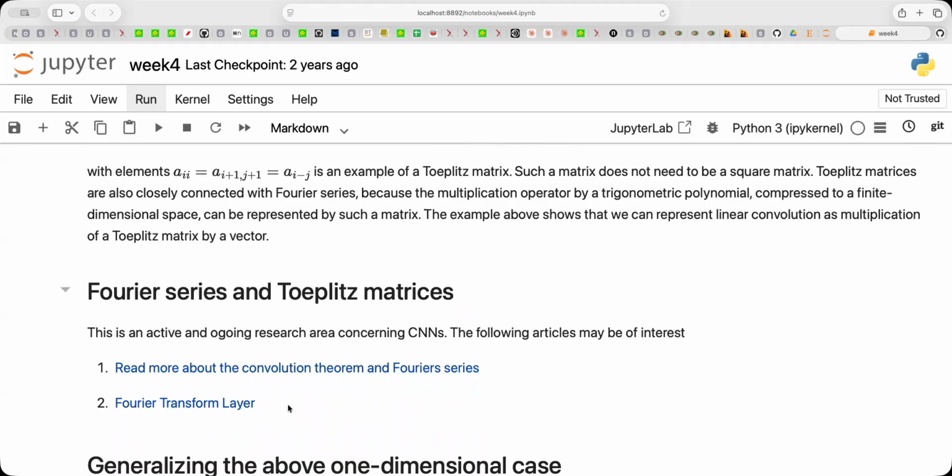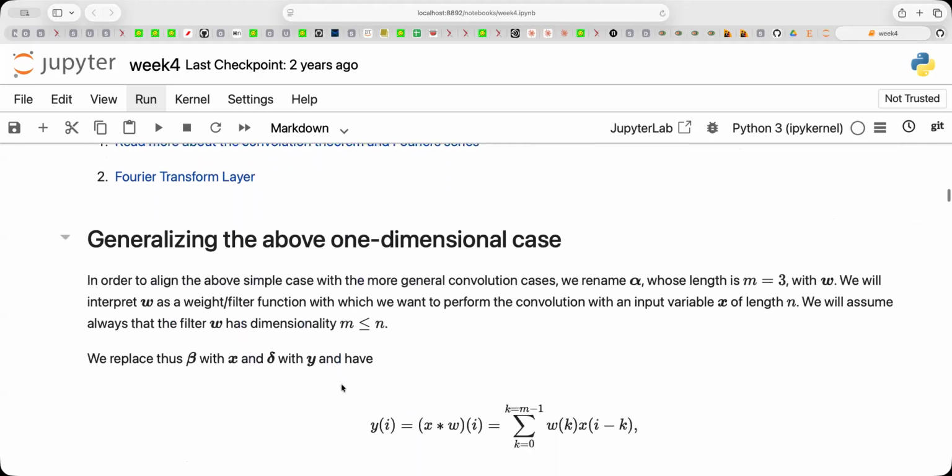When it comes to CNNs, these articles explore the types of filters you can use. If this relates to your research, feel free to take a look. If you want to study it as part of the project, I think it's a very interesting avenue, but we won't have time to discuss it in the lectures here.